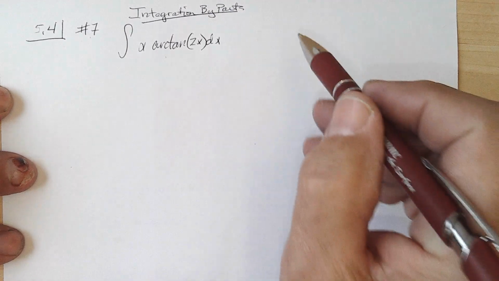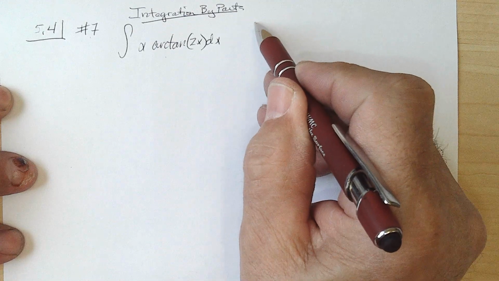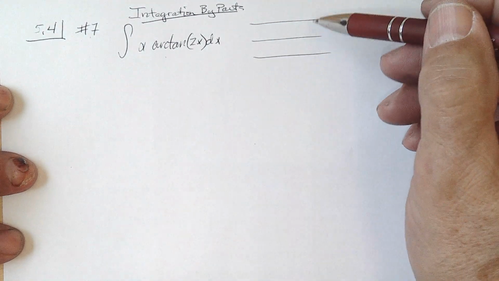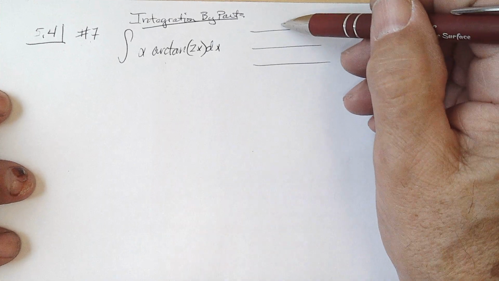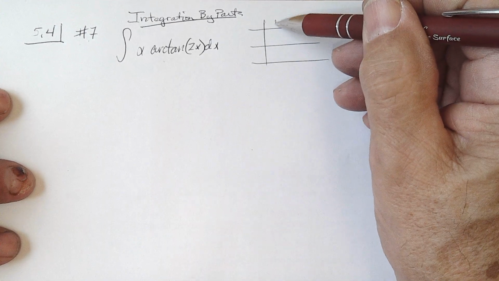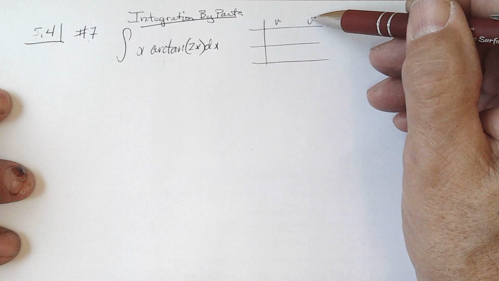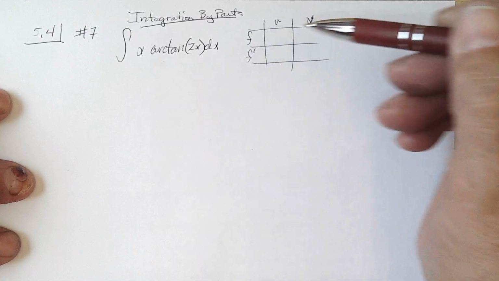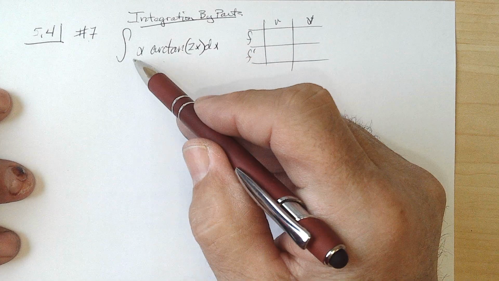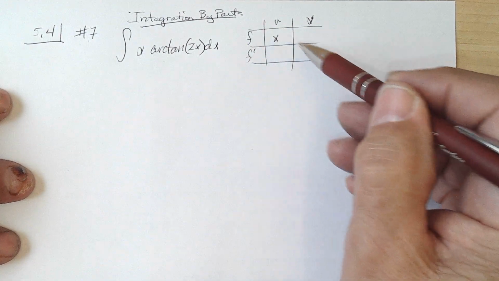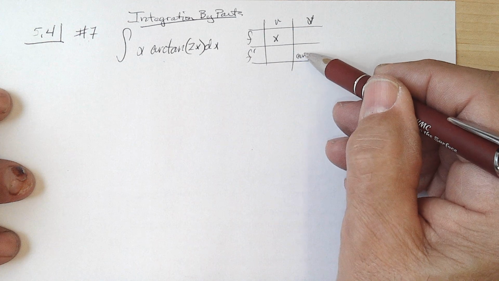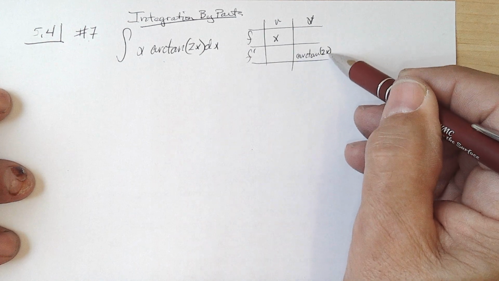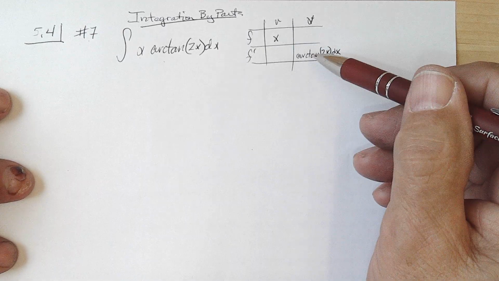Now, when you do integration by parts, the way I teach it, you make a little table and you try to decide what u is going to be and what v is going to be and what their derivatives are. So we could let x go here and arctangent 2x dx go there.